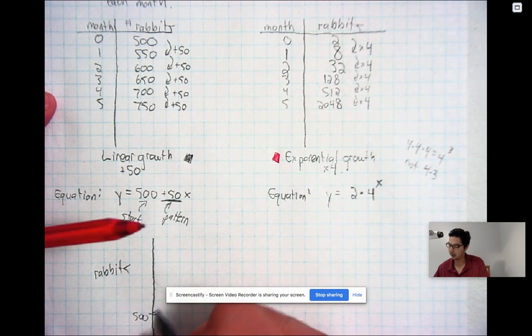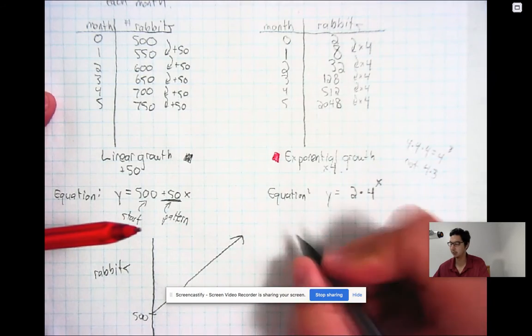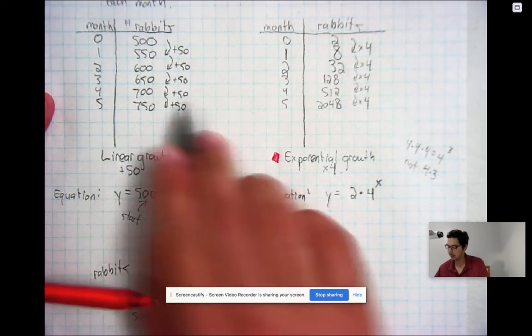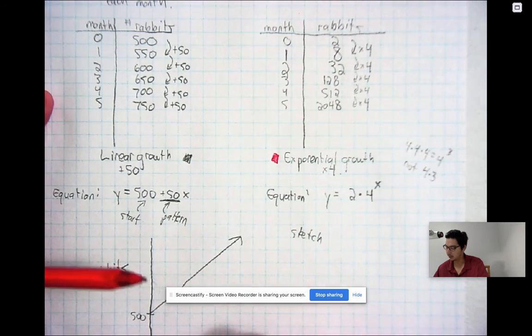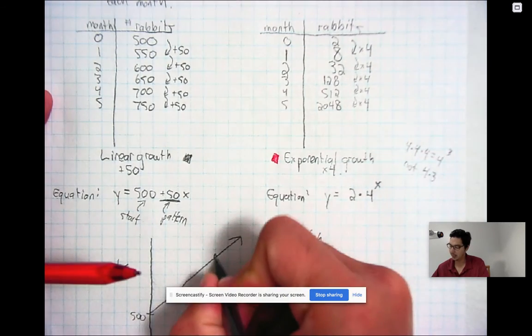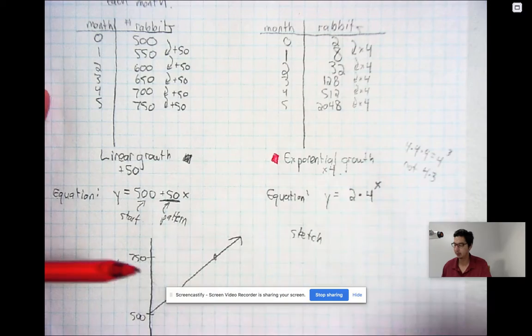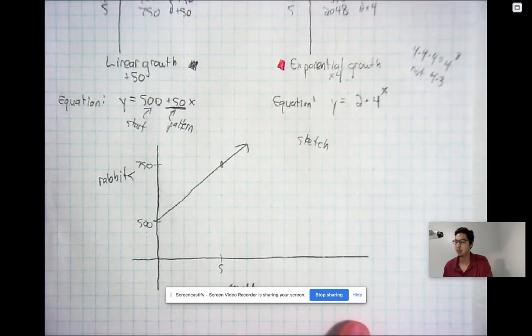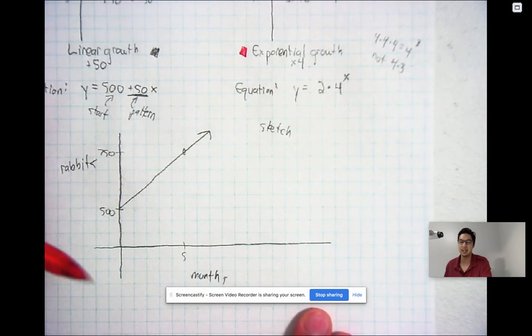It might look something like this as a sketch, where after the 5th month, it was at 750. So after 1, 2, 3, 4, 5, it was roughly at 750. Okay, that's a lot of rabbits. But look what happens with the exponential one.